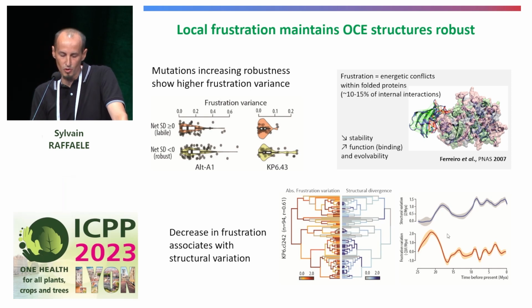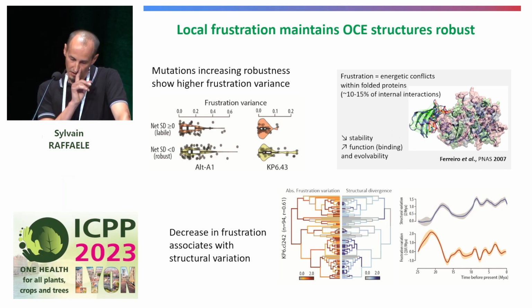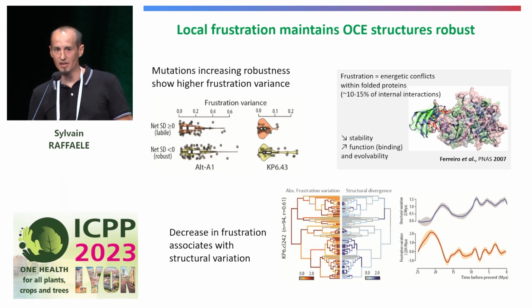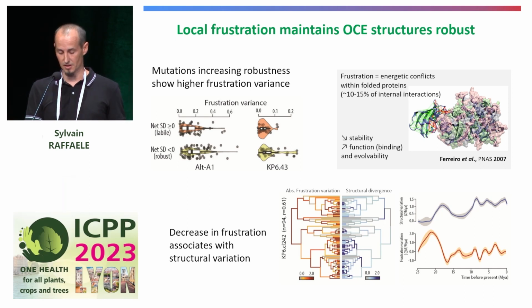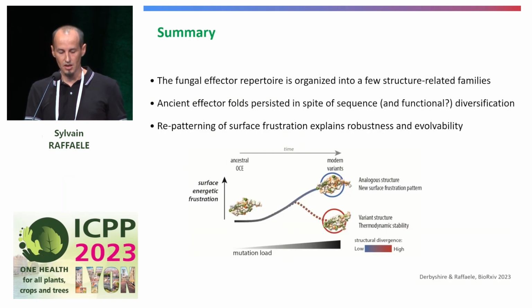And more precisely, we see that a decrease in frustration, as you see here, is often correlated with more drastic change in the effector structure. So that provides a model through which these effector families can remain stable over long evolutionary time, but also may evolve new functions even if they keep this conserved fold.